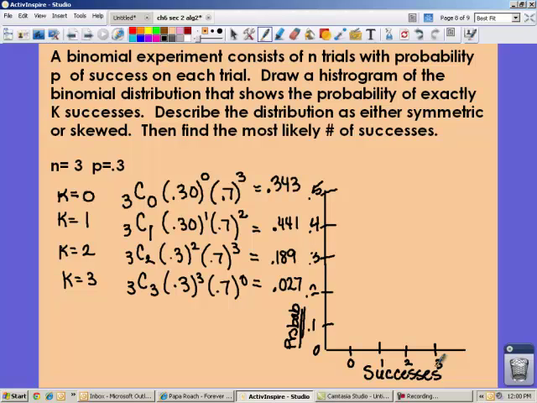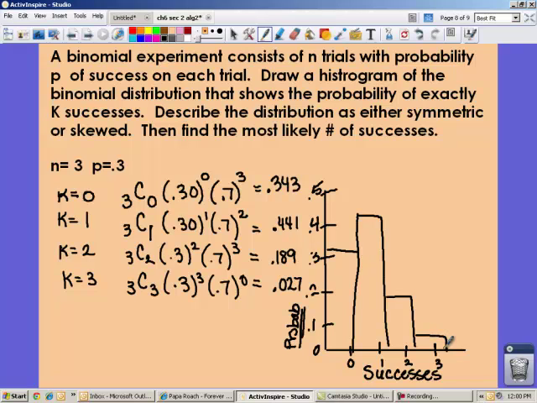So when we have 0 successes, which is k equals 0, it is 0.343, so a little bit above. And then for 1 success, it is 0.441. And then for 2, we have 0.189, and for 3 we have 0.027.